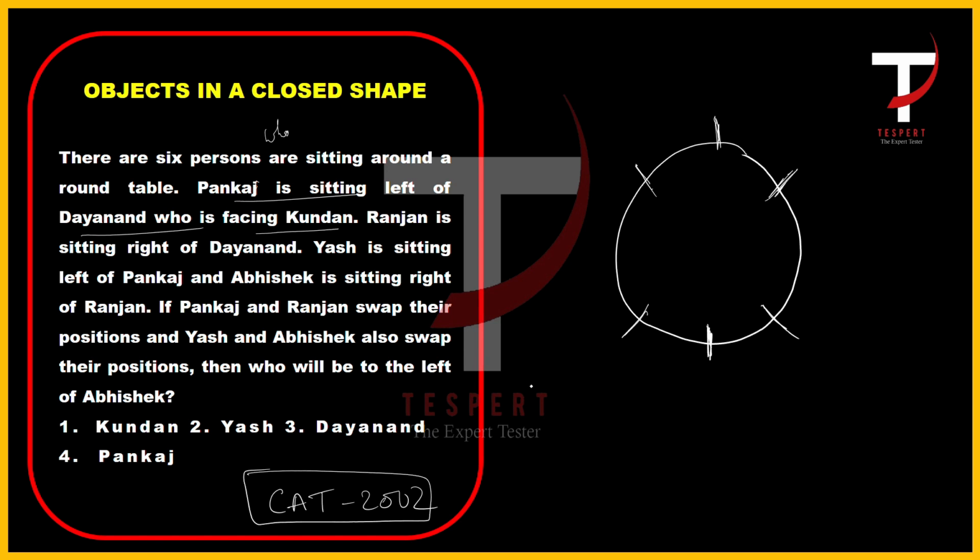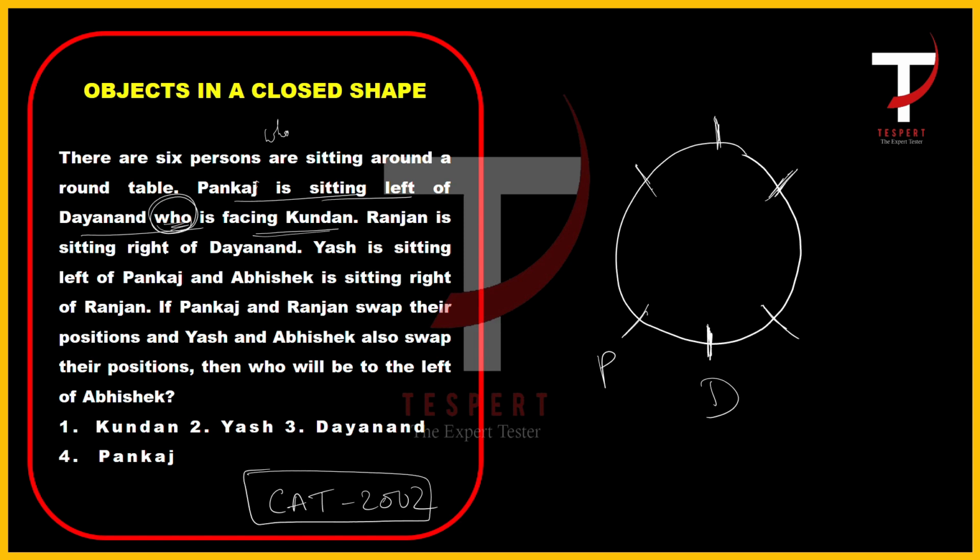As of now we can take any direct statement and put it. Pankaj is sitting left of Dayanand. So Pankaj and Dayanand. Who is facing Kundan? See here, the importance of who.